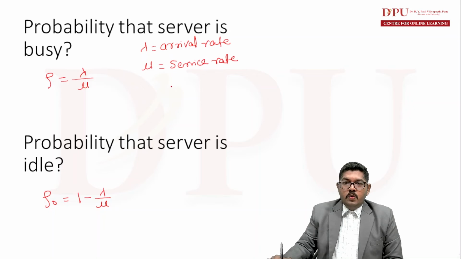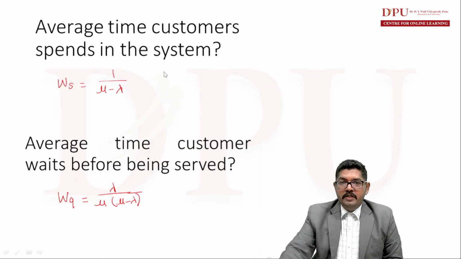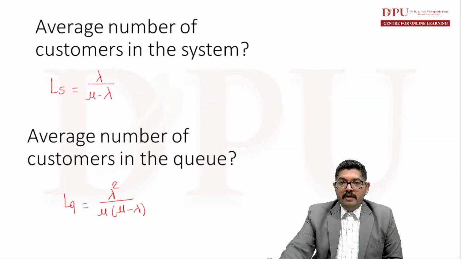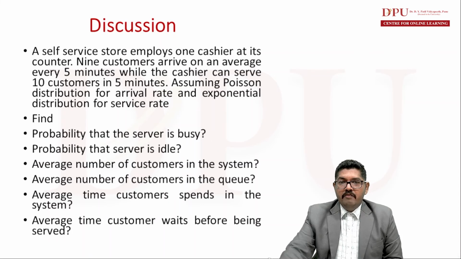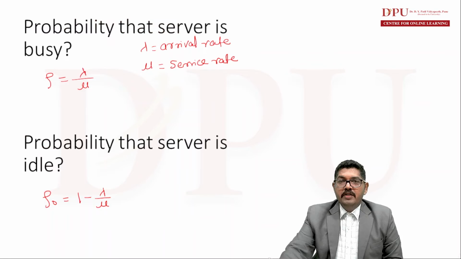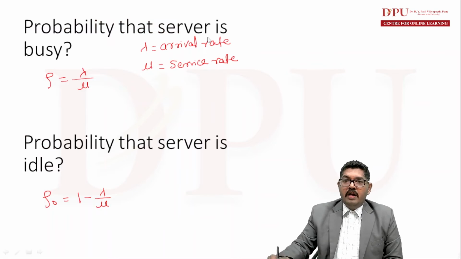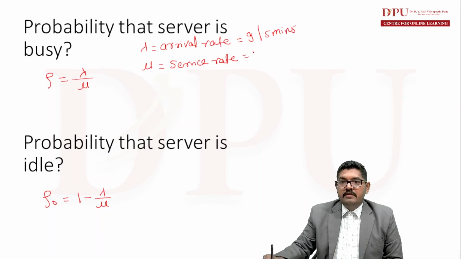From the question we know that the mean arrival rate is 9 customers per 5 minutes, and the mean service rate is 10 customers per 5 minutes.